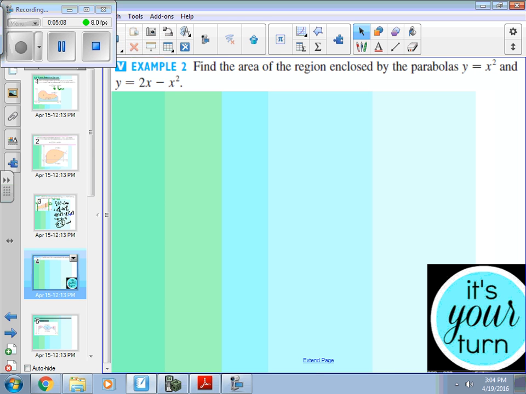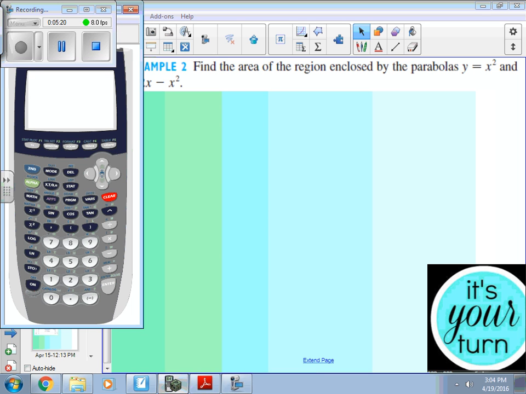The next one says find the area of the region enclosed by the parabolas y equals x squared and y equals 2x minus x squared. Now, on a problem like this, it might be helpful to kind of see what this looks like. So let's graph out, kind of see what we're dealing with here.